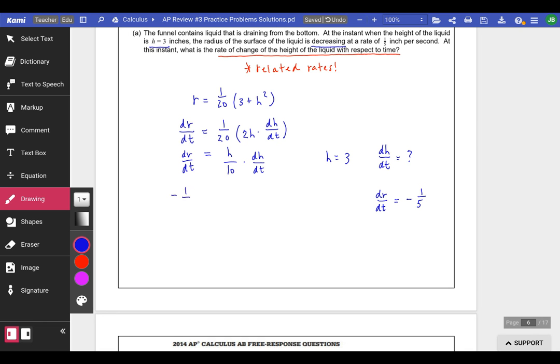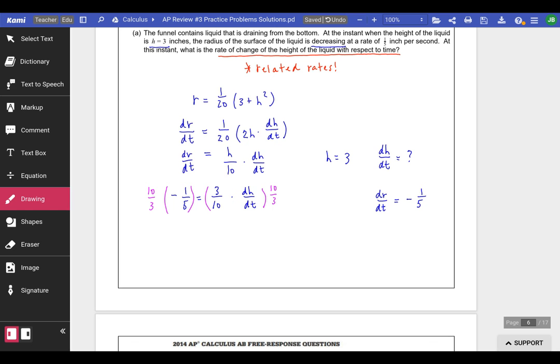We only have one unknown, so we can plug in what we do know and solve for our unknown. So I'm going to have negative 1/5 equals 3 over 10 times dh/dt. So to solve for that, I can just multiply by the reciprocal on both sides. So then over here, we get negative 2/3.